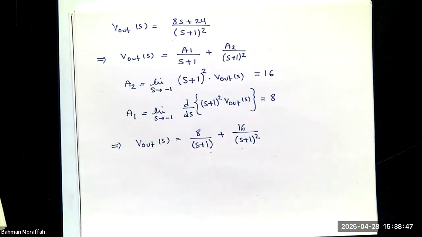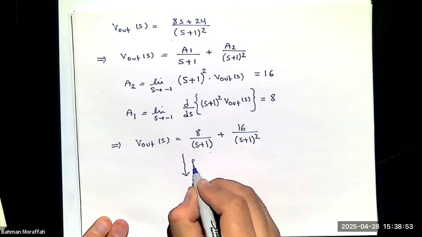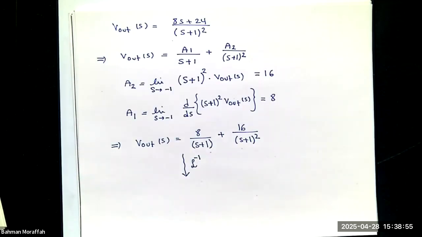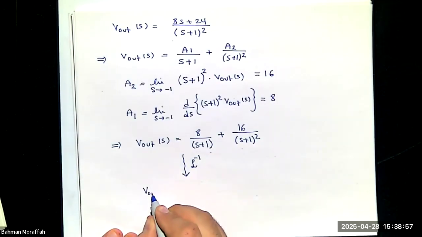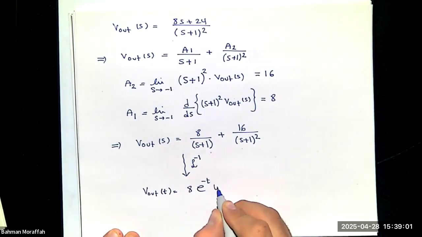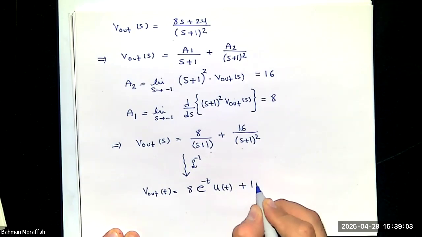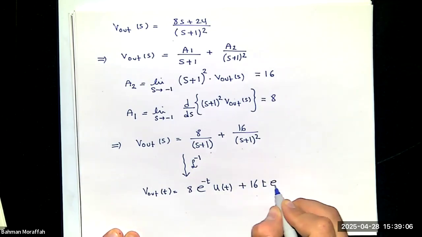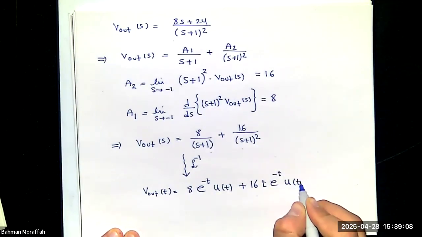Right? As soon as I have this, I know exactly what V out of t is. I'm going to look at the table, and I know V out of t is 8 times e to the power of minus t u(t) plus 16 t e to the power of minus t u(t).